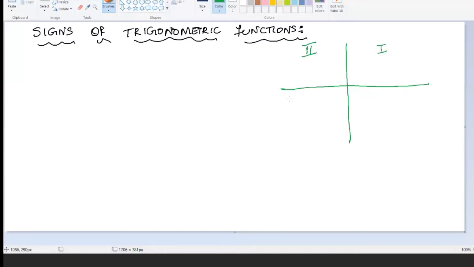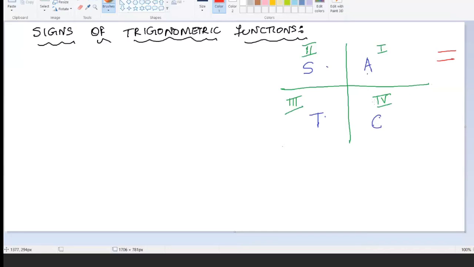Then this is the third quadrant and this part is the fourth quadrant. You can remember that, or I have a better idea: here A, S, T, C. How to remember? All students take coffee.